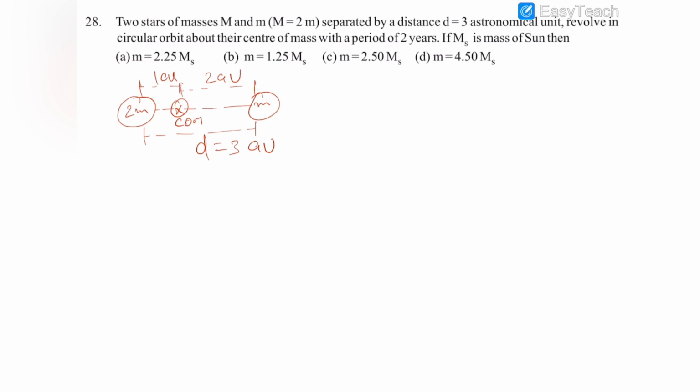So you can see that the force acting on any one of them, let us see that this is the attractional force, and this is the centrifugal force, which is mv square by r, or mr omega square. So F is equal to G into M into 2M by 3 square, I am taking AU as 1.